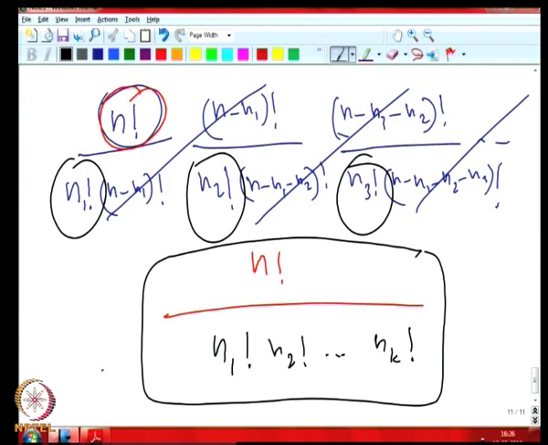So this is exactly the same number as I told you, as you can see from the proof, it is the same proof that we have done. Just that the n objects here were n positions in the earlier proof, and the labeled boxes are actually the types. The first type corresponds to the first box, the second type to the second box, and the kth type to the kth box.